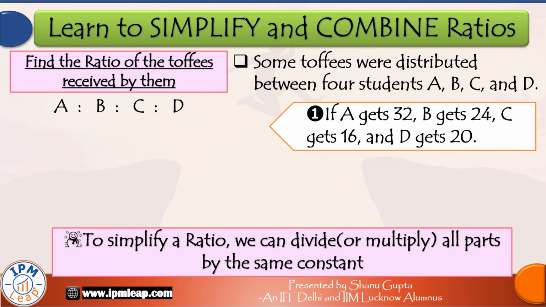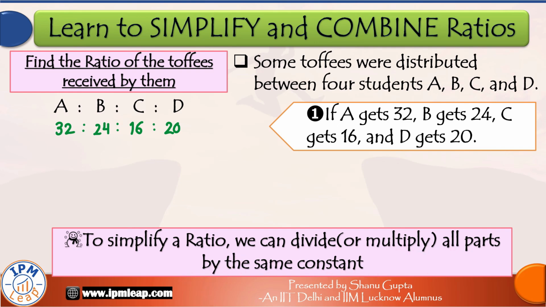As given in the statement, we write A as 32, B as 24, C as 16 and D as 20. And rest assured, this is our required ratio. We just need to simplify it a little. So remember, just like we multiplied all parts of the ratio by an arbitrary constant k to assume the original quantities, we can also divide the original quantities by any constant to get our ratio, isn't it?